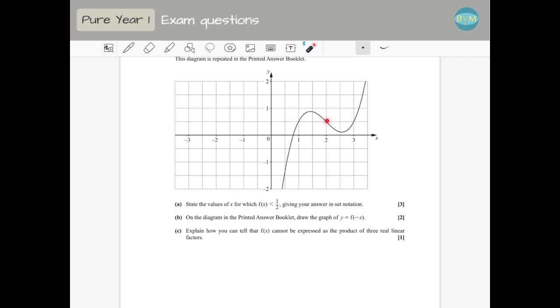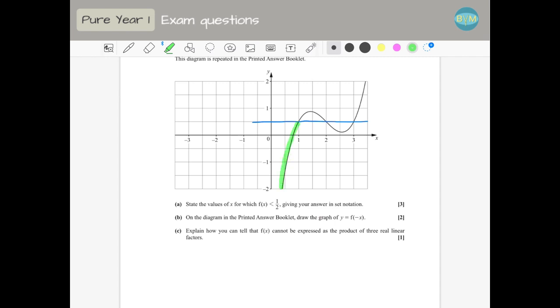So we are looking for the values of x that are below this line, really, the 1/2 line. Oh, this is not the 1/2. Where the function is below 1/2, here and here.